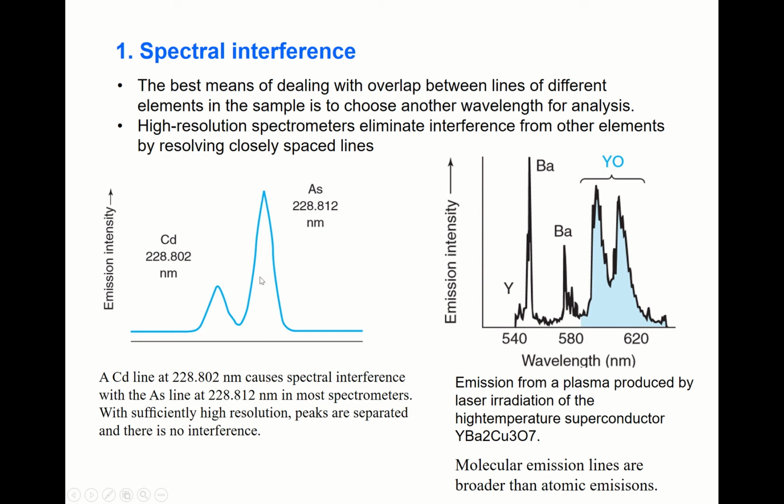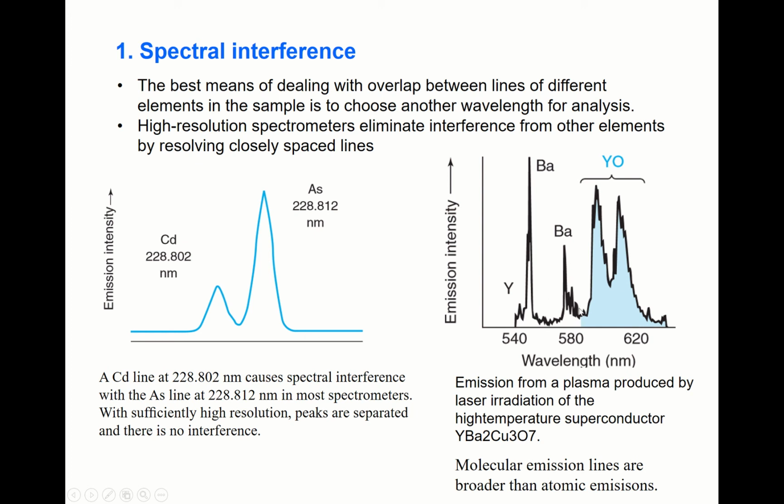In other words, with high resolution spectrometers, the peak width will be decreased. That's the best way. With sufficiently high resolution, peaks are separated and there is no interference.